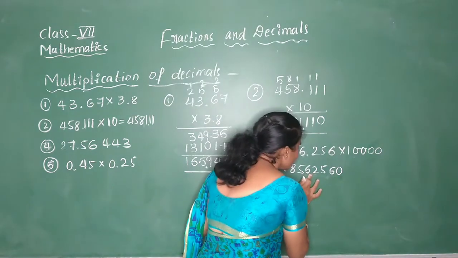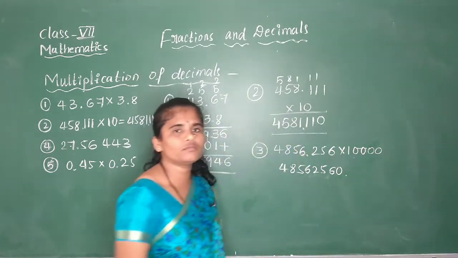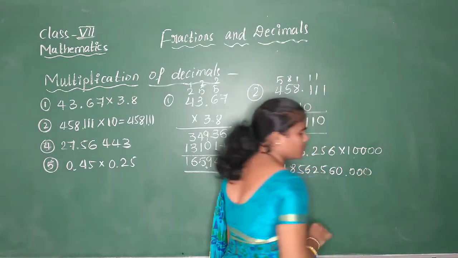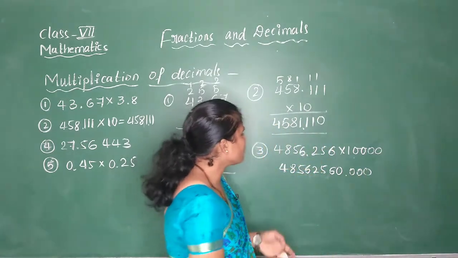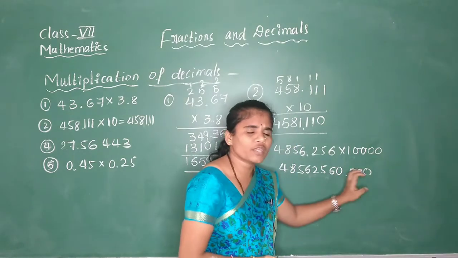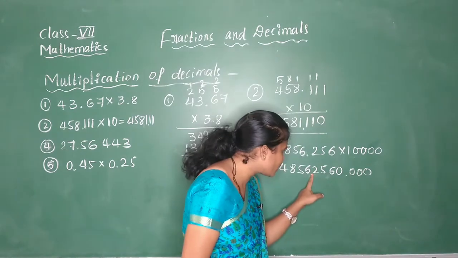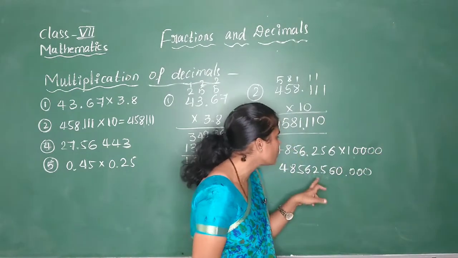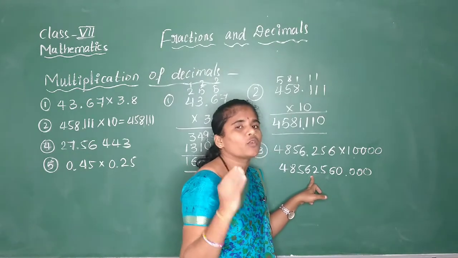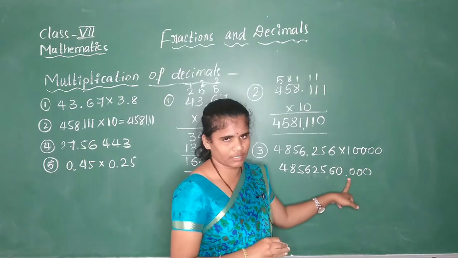After this, we can put the point. In front of that 6 there is no number, so we can take zeros. Here 4 zeros are there, so after 4 digits we have to put the point. 1, 2, 3, 4. Here you will get the point.